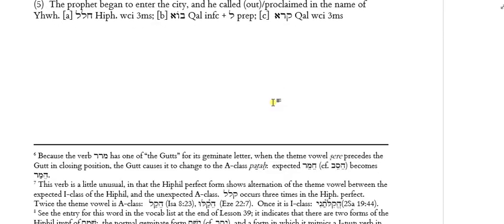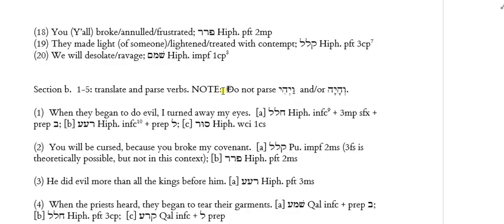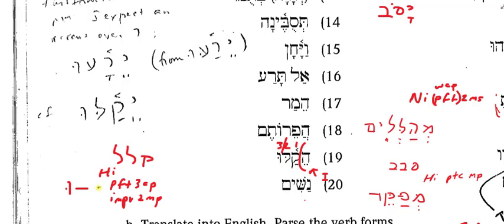Okay, and I have a note here. Let me just make sure there's nothing here that I need to know. Yeah, there it is. So this form occurs in Ezekiel 22:7. You are making me nervous. So we're not going with the imperative here. All right, this is the Hifil perfect 3CP.